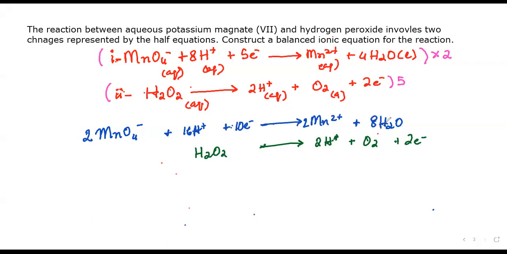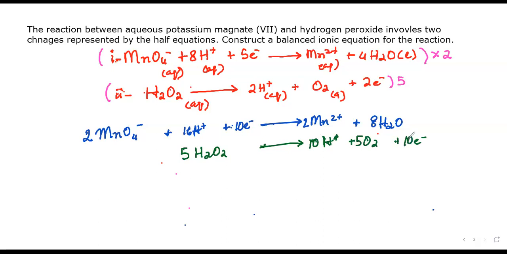Similarly, we do that for the lower equation. We are going to multiply all of it by 5. We'll get 5H2O2, then we will get 10H plus, 5O2, and then our number of electrons becomes 5 times 2, which is 10.